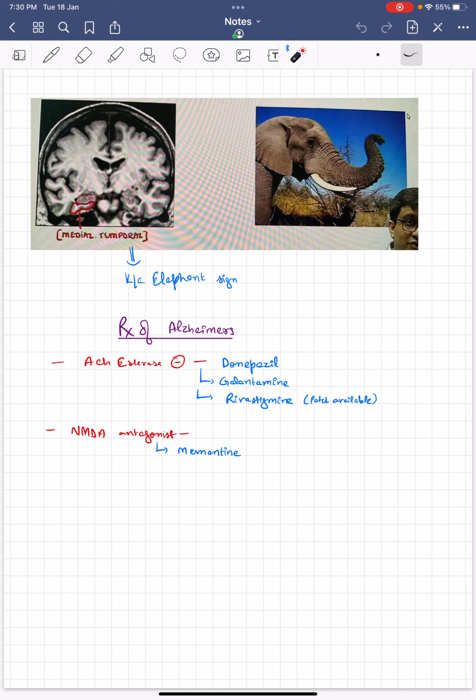First of all, we started Alzheimer's by explaining what happens, what is the pathology. We started with the pathology. There is an amyloid precursor protein which normally is present inside the neuronal cells.